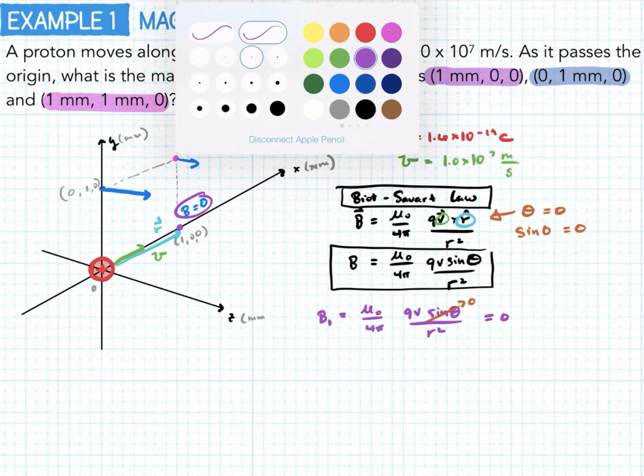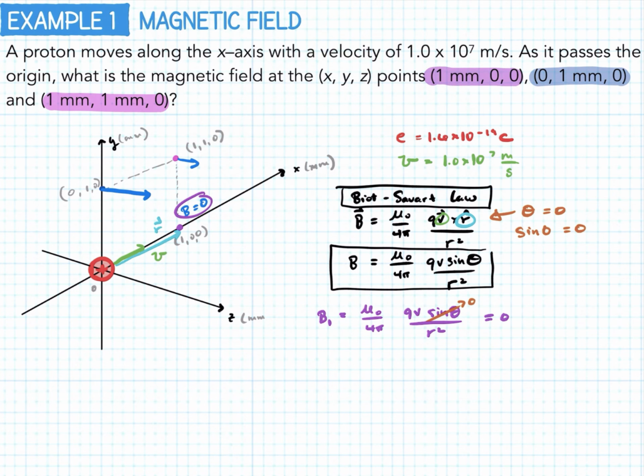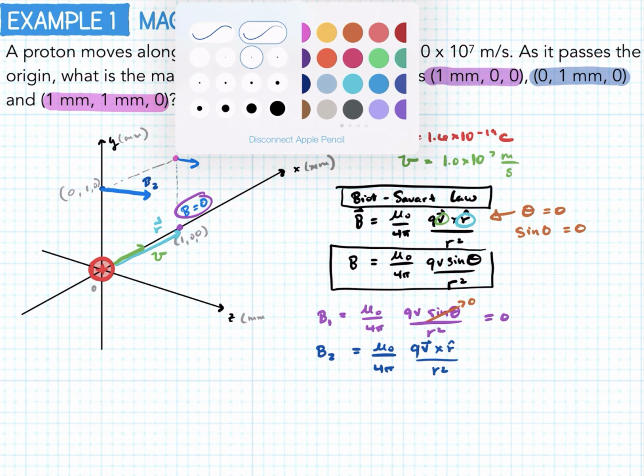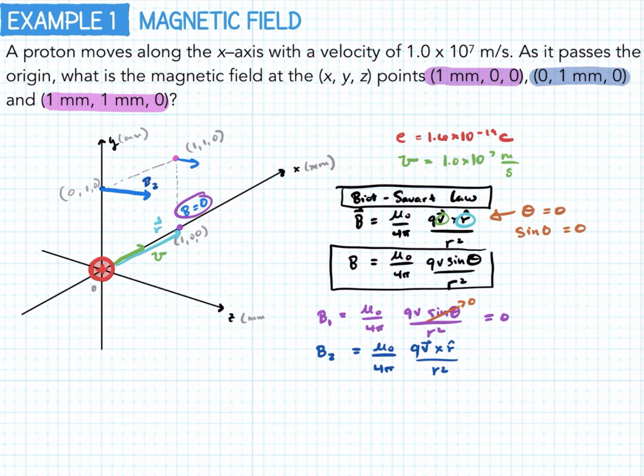For the next one, we have B2. So B2 is mu naught over 4 pi QV cross R over R squared. Well, R in this case looks like this. So this is R2, this was R1.